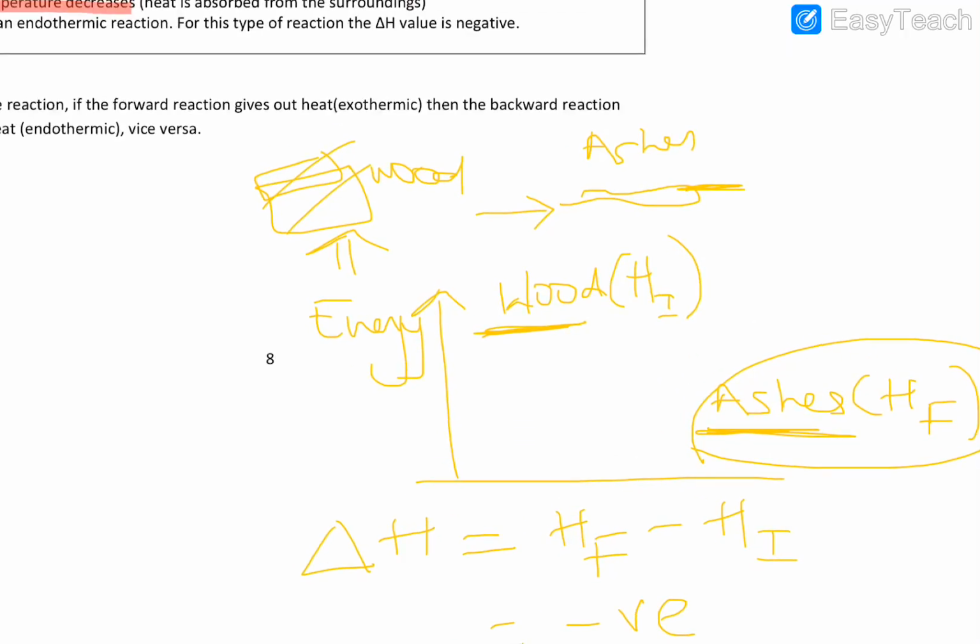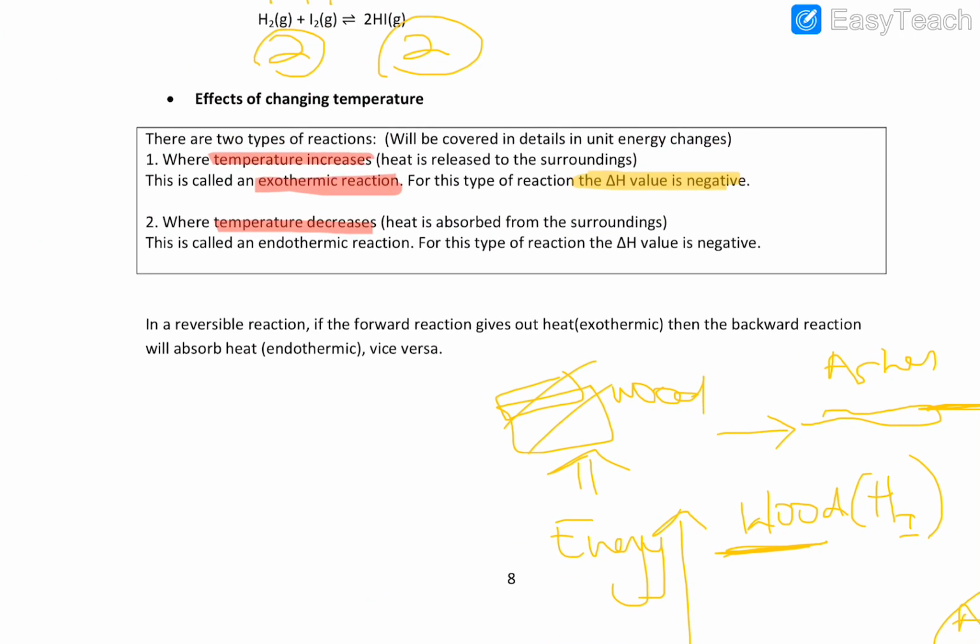We'll cover that in more detail in the next unit, but for this unit you just have to know that when temperature increases, it's called an exothermic reaction, and exothermic has a negative delta H value.